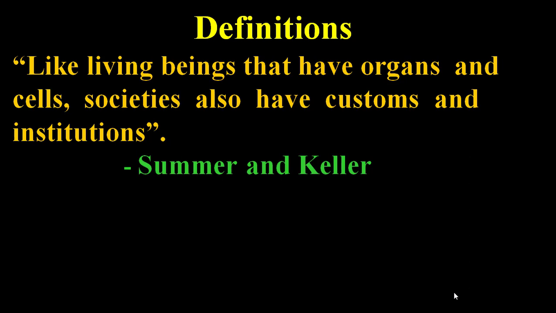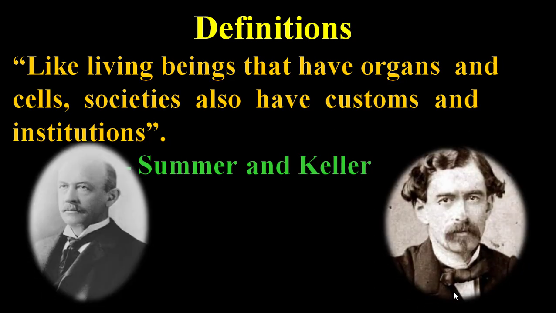All human beings have organs. In the same way, societies also have customs and institutions. For human beings, organs and cells play a role, and here that role is played by customs and institutions. That is the concept given by Sumner and Keller.